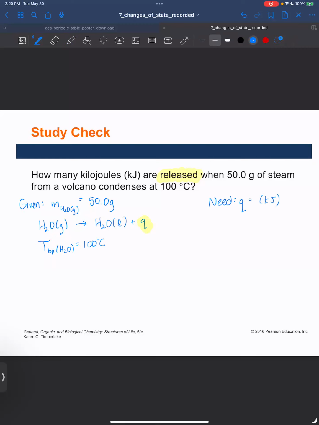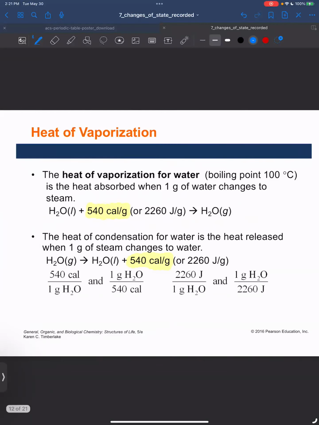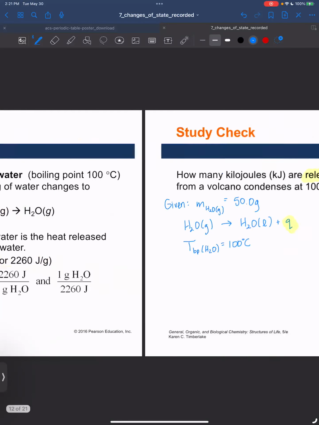So that's Q in kilojoules. We're working with water. It's condensation. So that means I need to look up the heat of vaporization. And it's in kilojoules. So I need to do the 2,260 joules per gram of water.